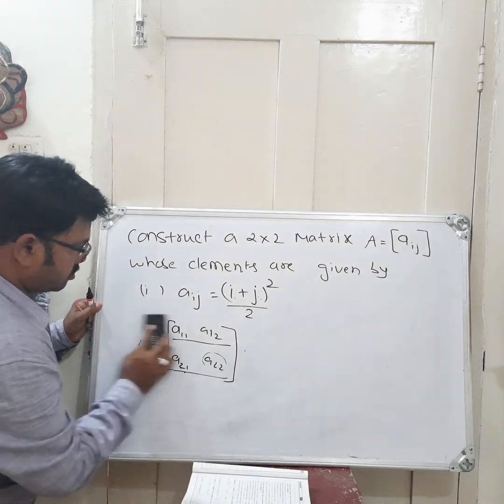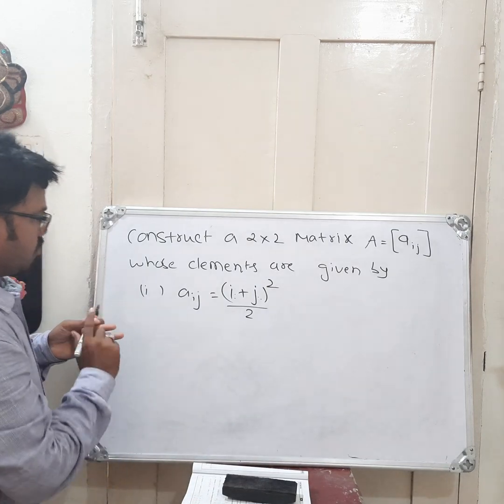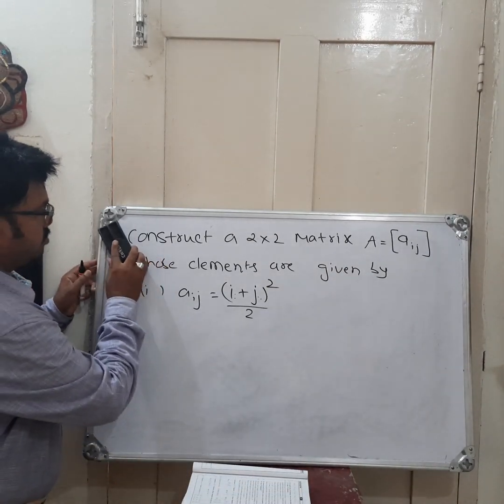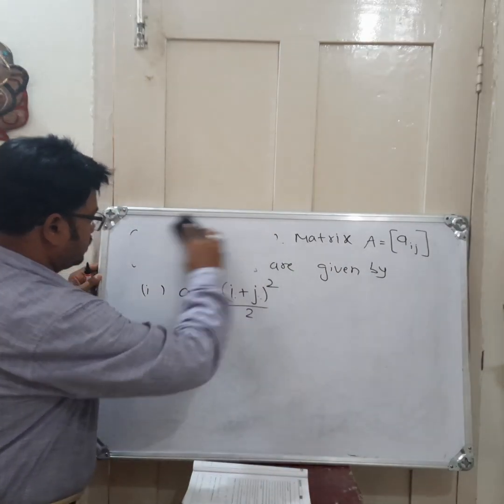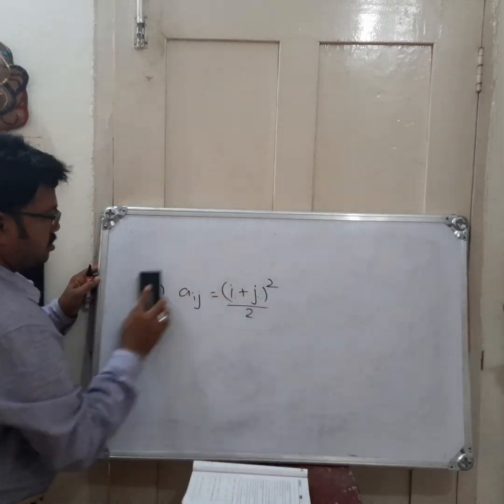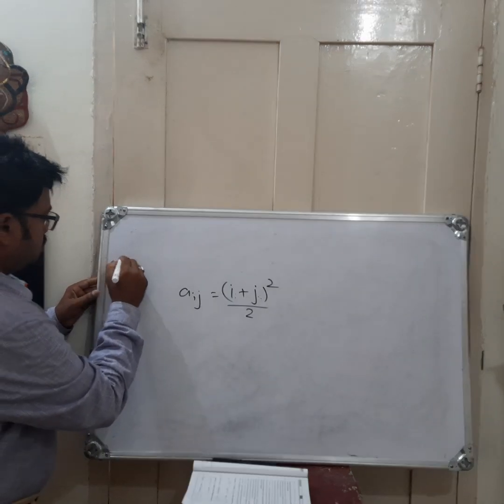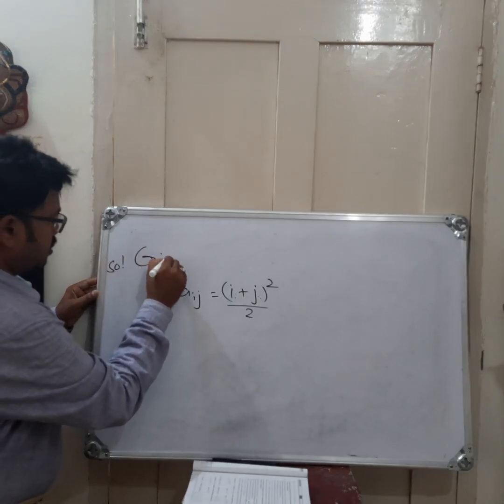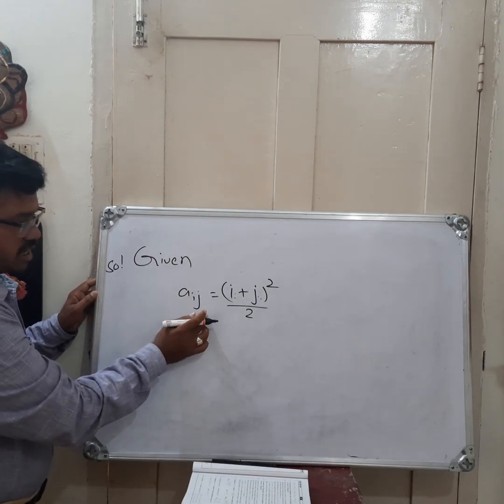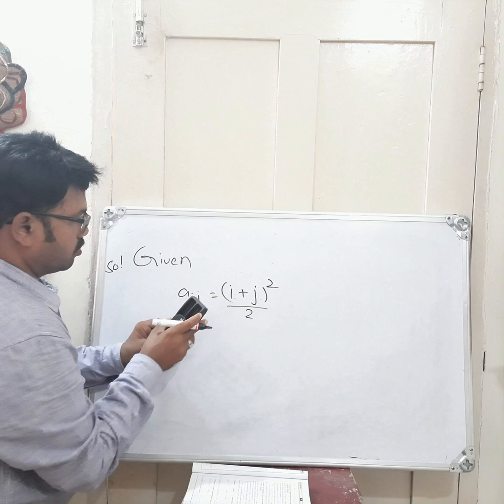See here, the solution. This is given: Aij equal to (i plus j) whole square divided by 2.